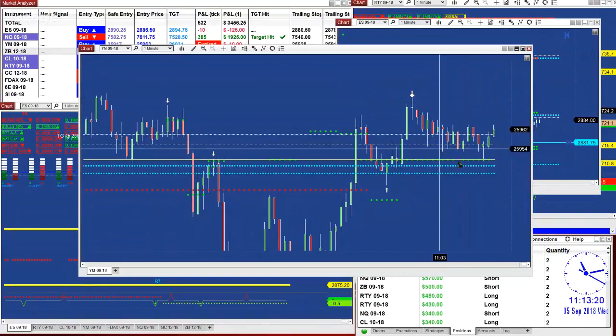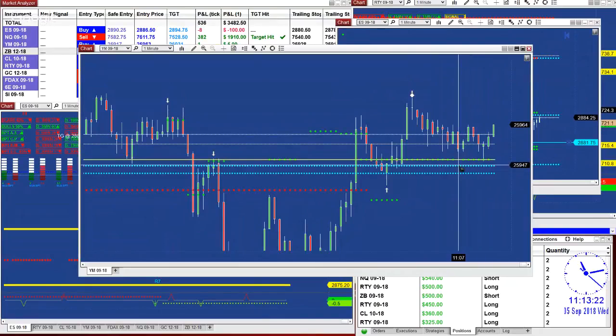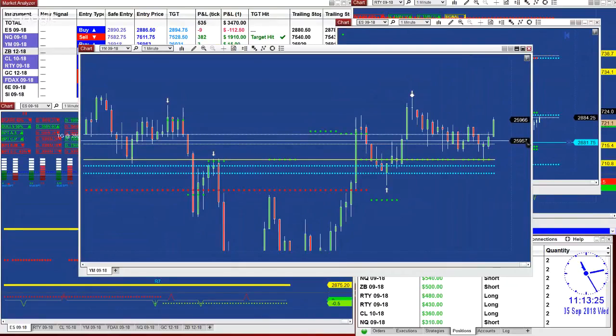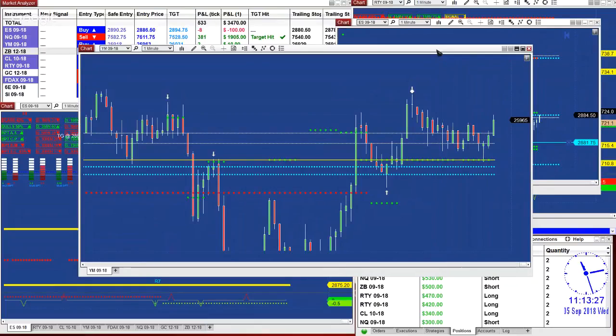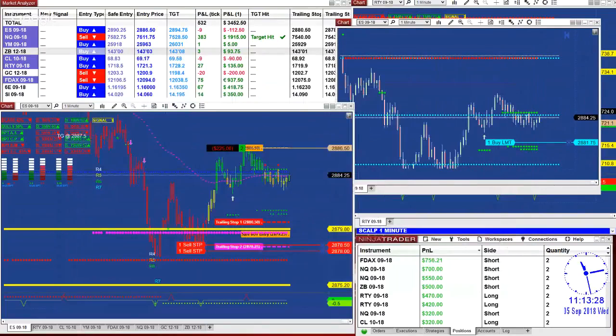But as long as this market or any market gets stuck between those lines, wait. Don't keep your eye on the market. Don't jump on the market for safety. I mean, if you don't know what you're doing, safety is number one on those trades. The ES is not going anywhere.